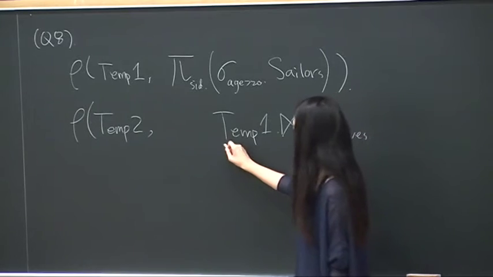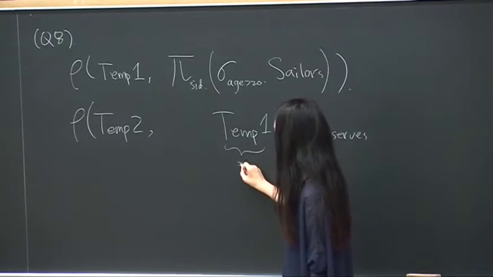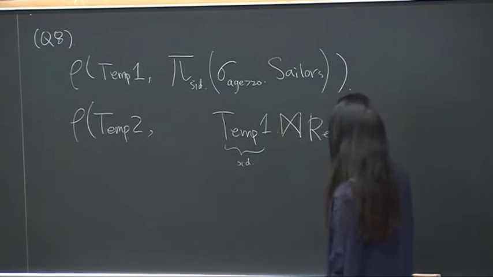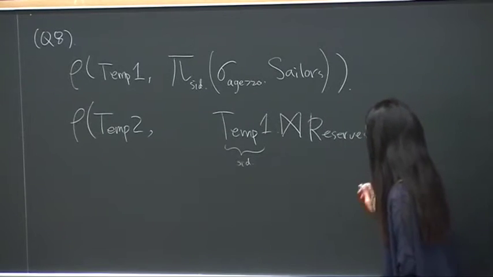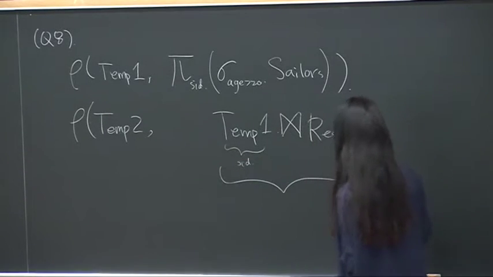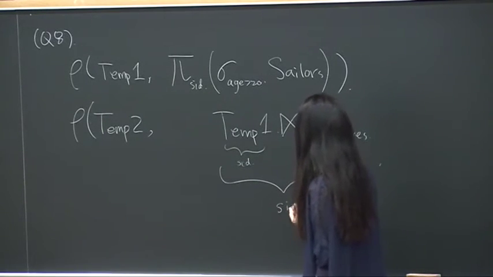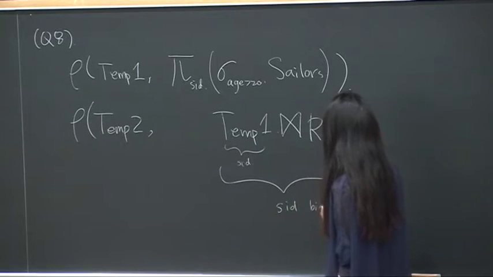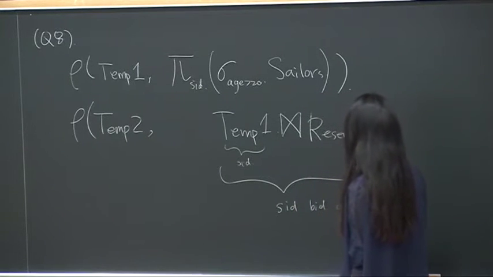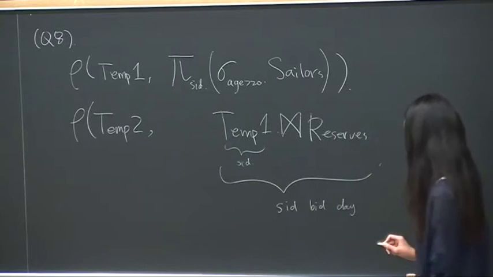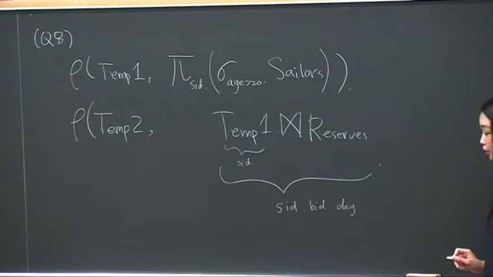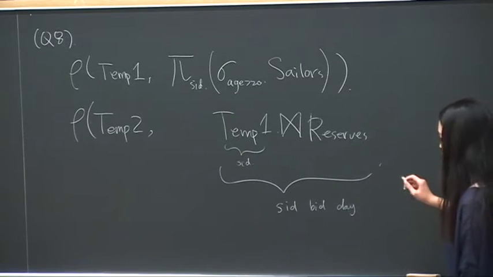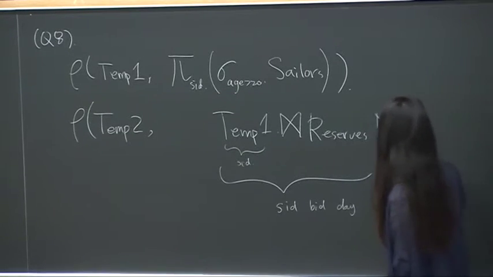So as you can see, for Temp 1, the schema, we only have SID. When we join it with reserves, now we have SID, BID, and day. But remember, we want to get those who have reserved red boats, so we're actually lacking the color information, which is from the boat, so we should join it with those.